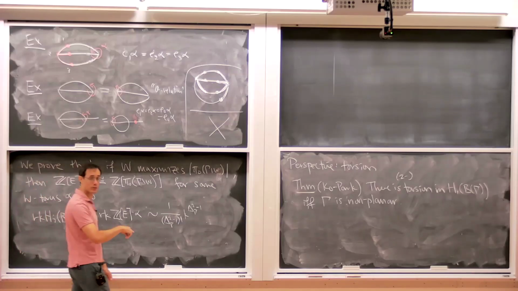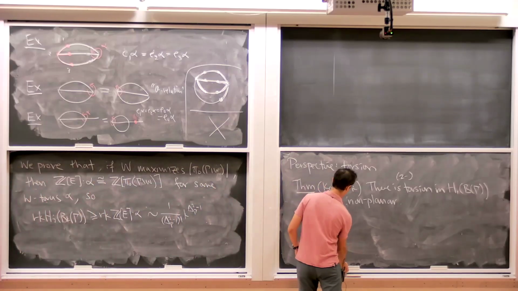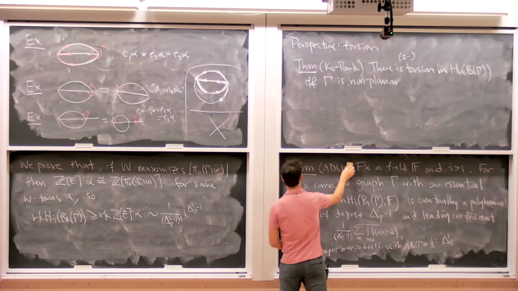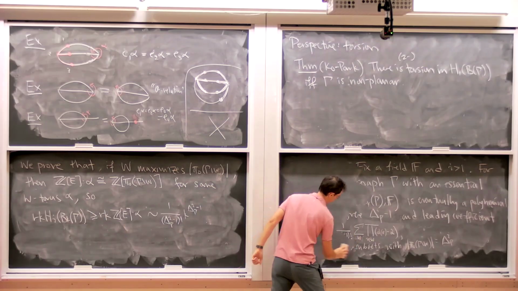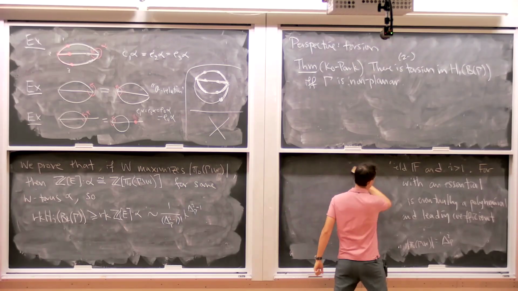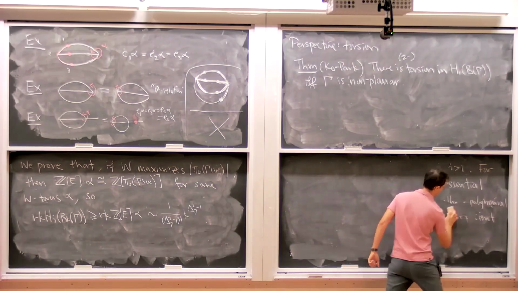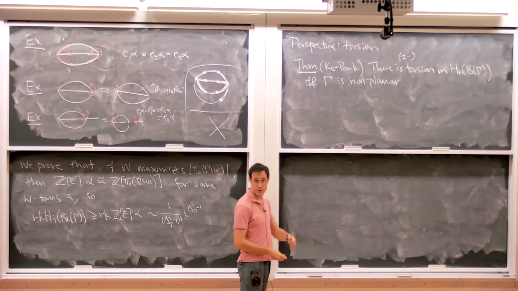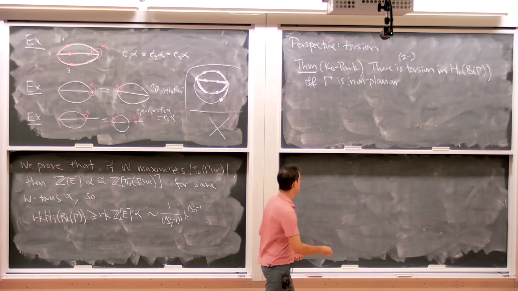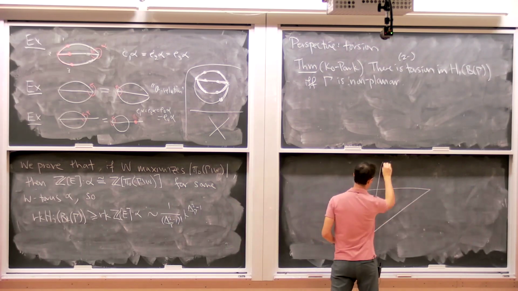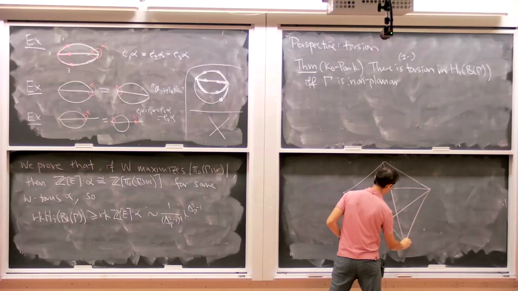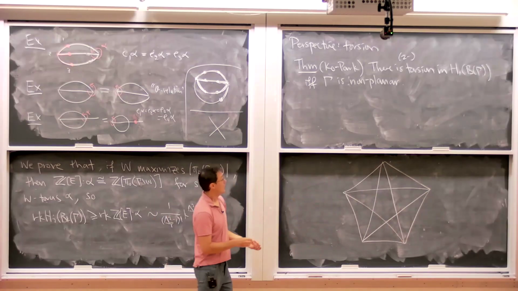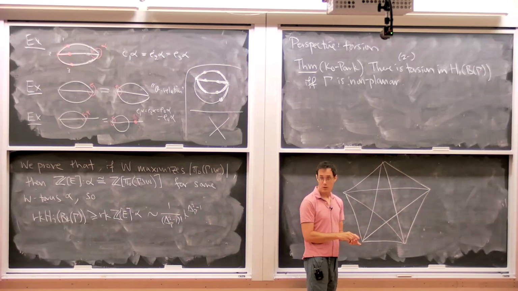We can actually see where that torsion comes from with what we know. So let's think about K5, which is one of the two non-planar graphs that I know. So that's K5. And let's look at one of these star classes in K5.